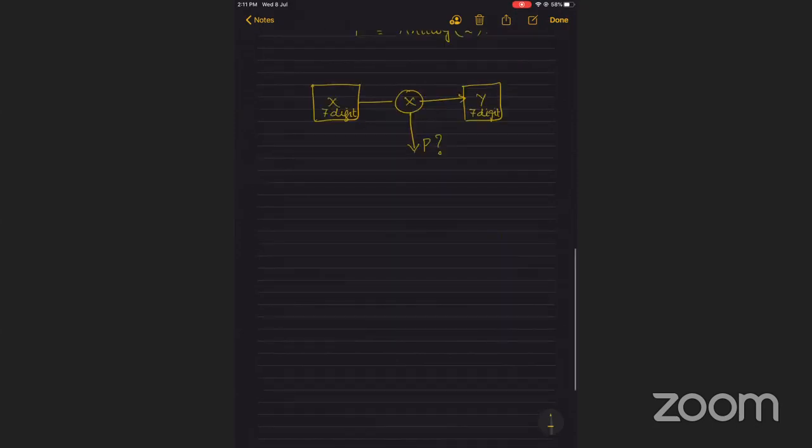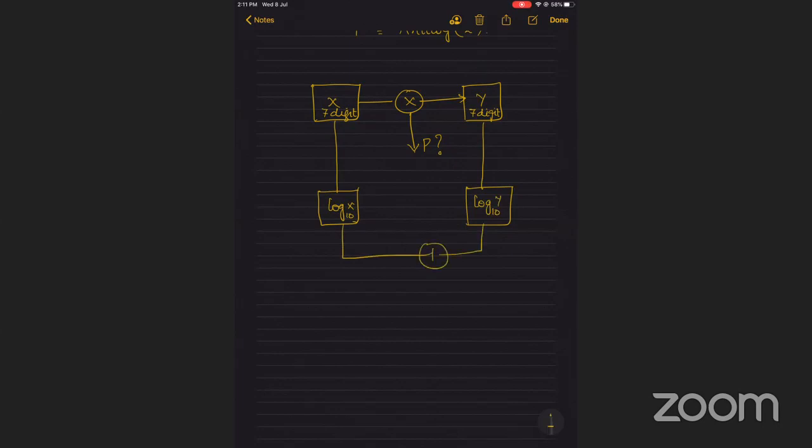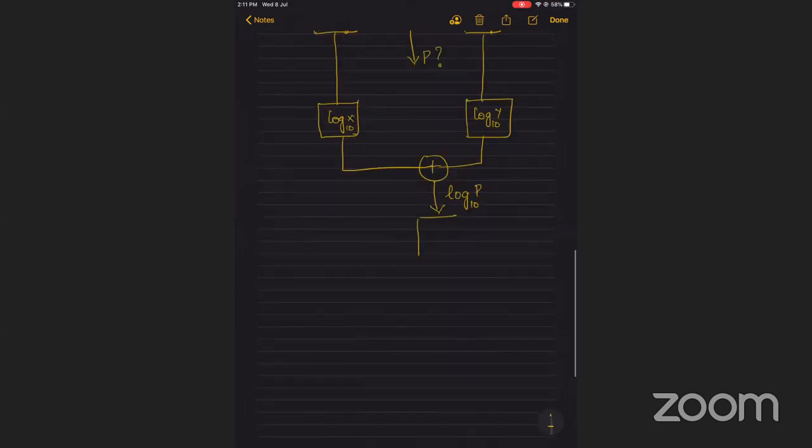Instead of getting the product directly, I took log x base 10 and log y base 10. Then I added these two, I got log p base 10, and then I did the anti-log, and I got the final value, the product p.